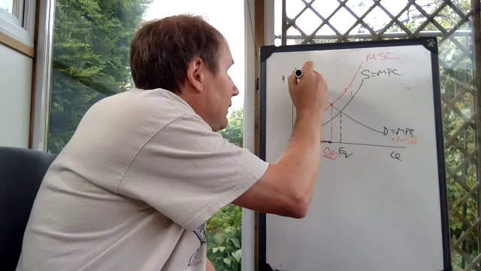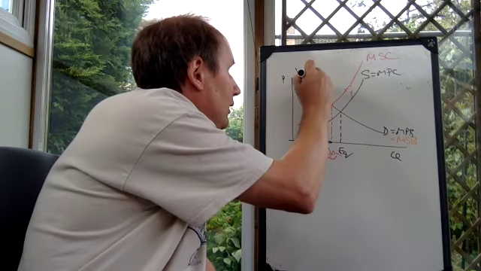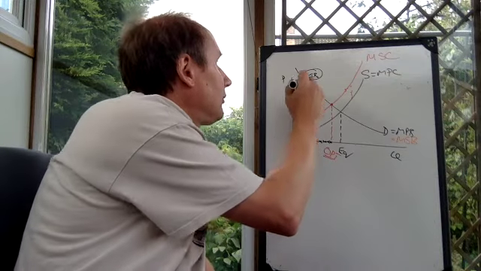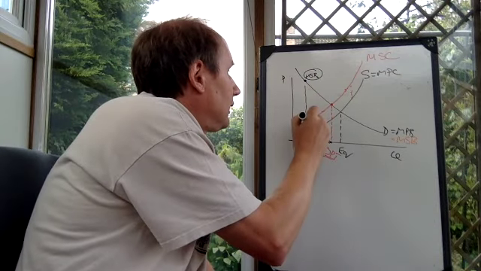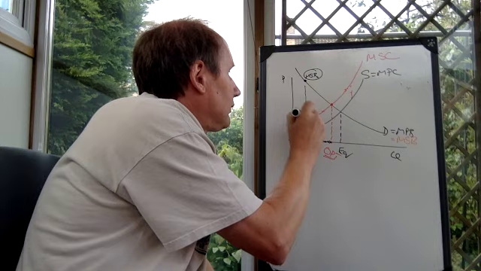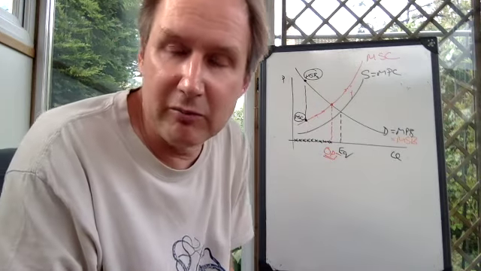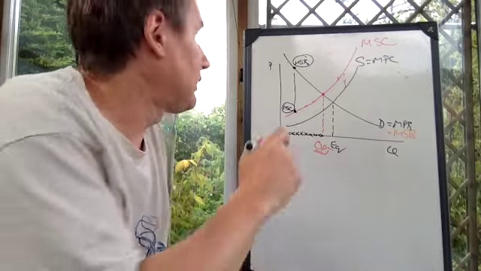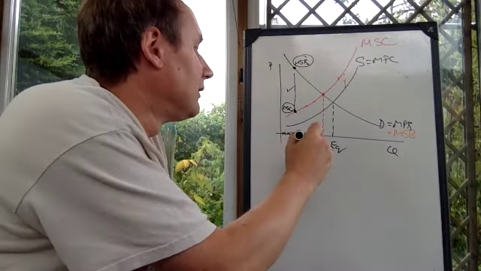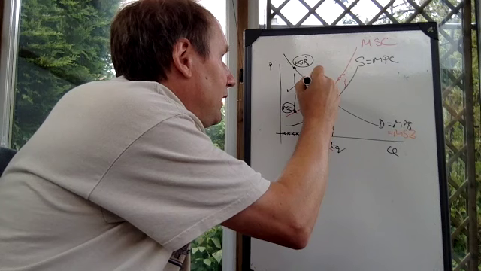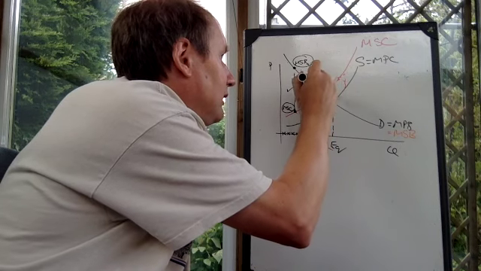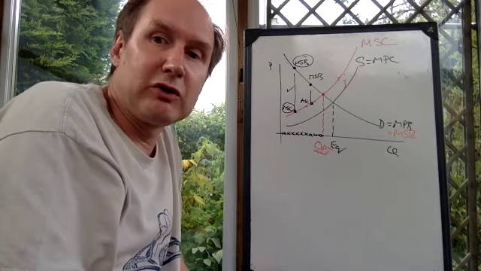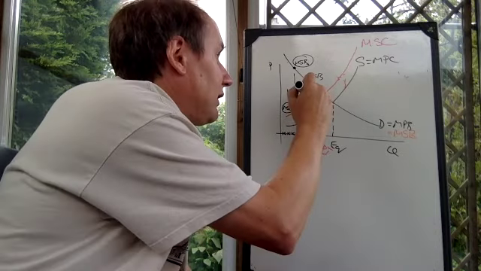That unit there has a marginal social benefit at that level, and the true cost is at that level. So the marginal social benefit is above the marginal social cost. And that's great. So too for this unit. That is the marginal social benefit, and that is the marginal social cost. So that one's great too.